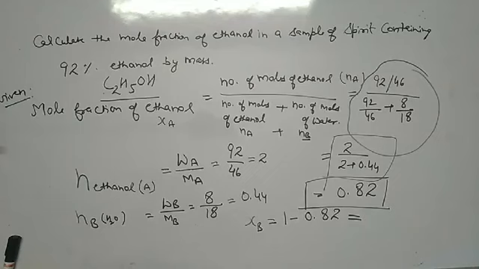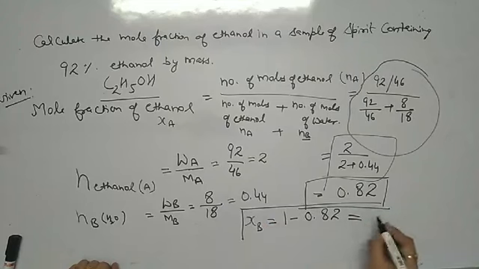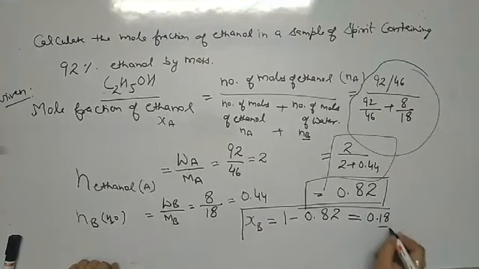Chani, from where are you getting 0.16? From where are you getting 50/61? Beta, it's 0.82. And if we want to calculate for the water, it's 0.18.